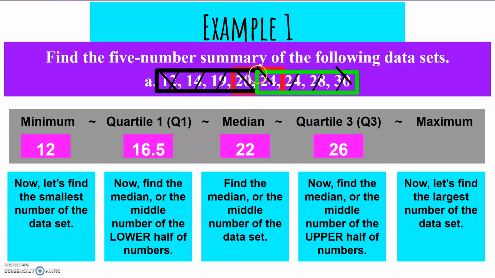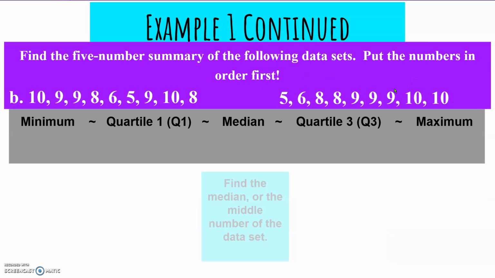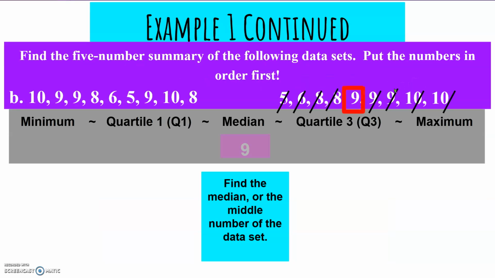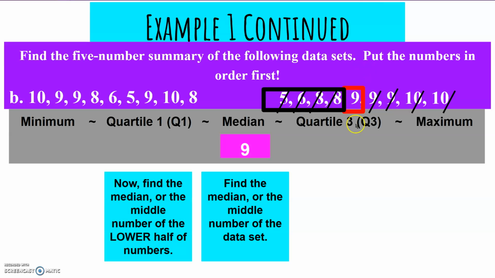We split the numbers in half, and this is the lower half, and this is the upper half for quartile 3. When we do this here, we are not including the median. We do not include the median here. We just pick the numbers below it. When there is an odd number of numbers, do not include the median in your quartile ranges.